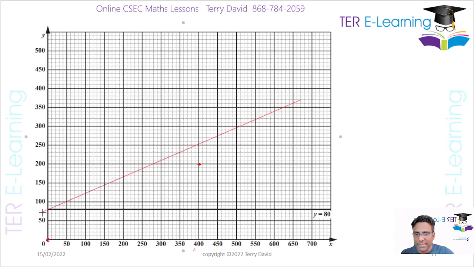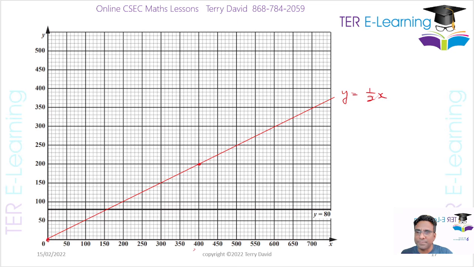It has to pass through the 2 points I plotted, which is 0, 0 and the next point, 400, 200. So I've plotted one graph here, so let's label that. That is Y equals half X.